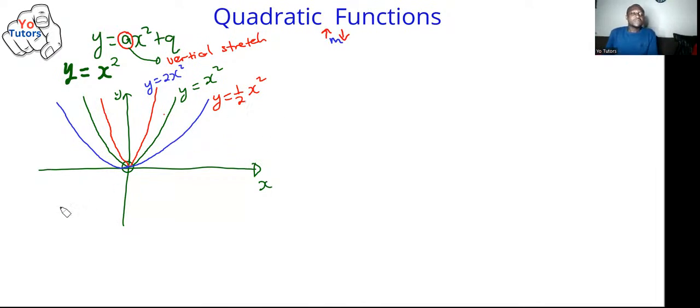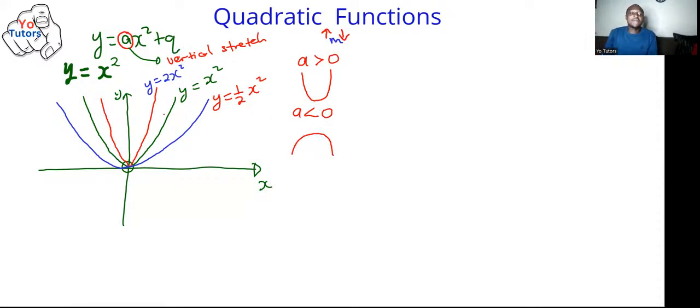What about when a is not above 0? Just a quick note there: when a is above 0, we know that our graph should be smiling. When a is less than 0, your graph will be frowning.